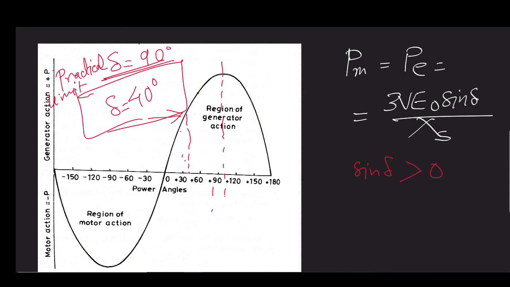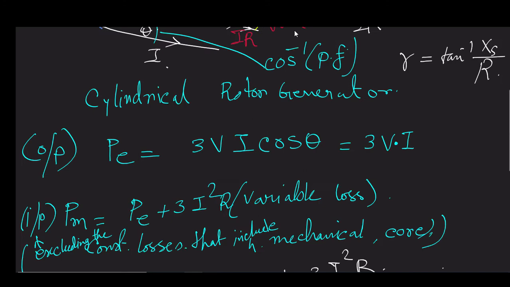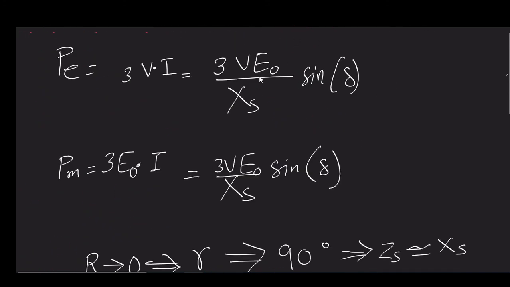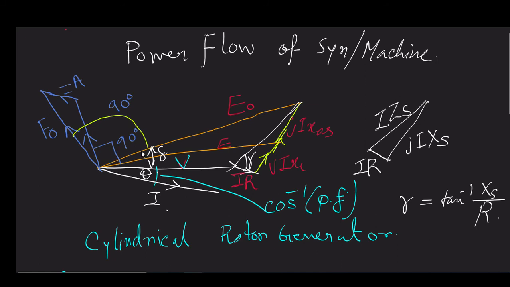Now, what is the physical interpretation of that delta? What is delta? Let us go back to the phasor diagram once again. Here, you can see that delta is the angle between your E naught and your V. So, this is our E naught.